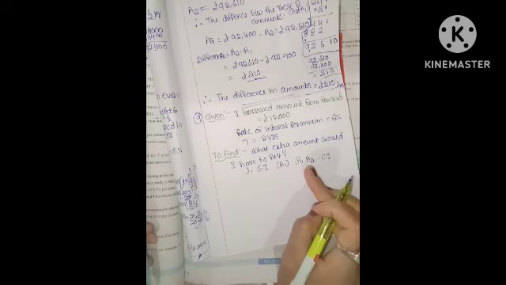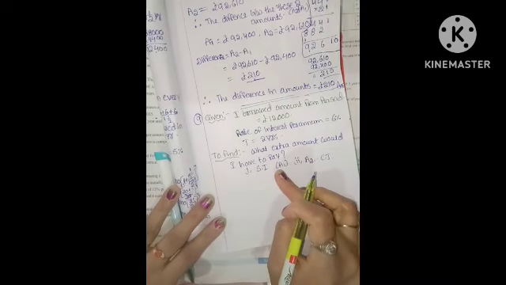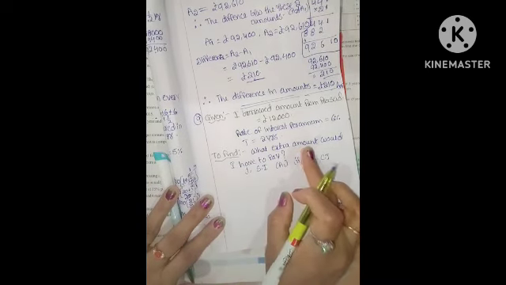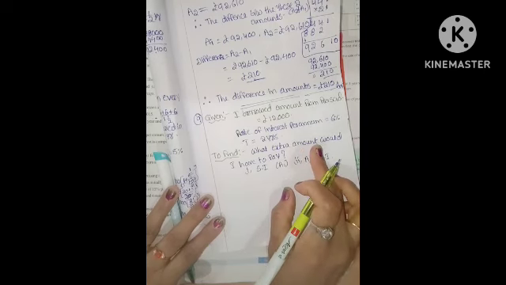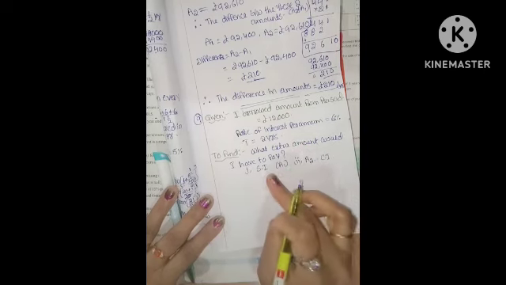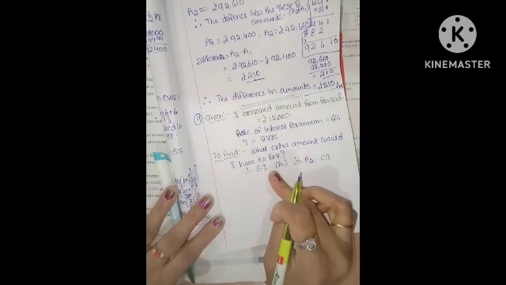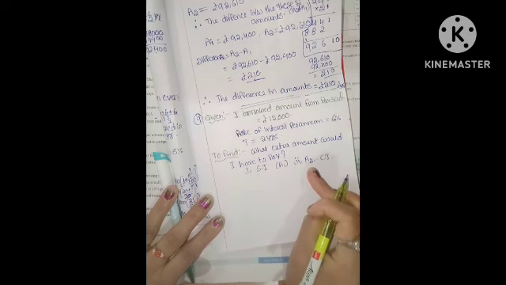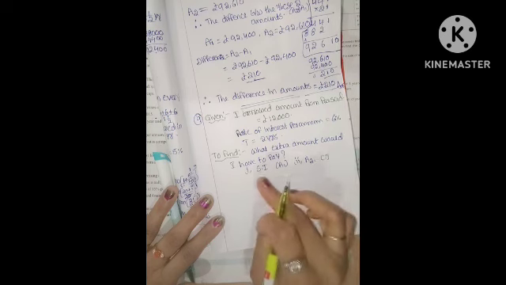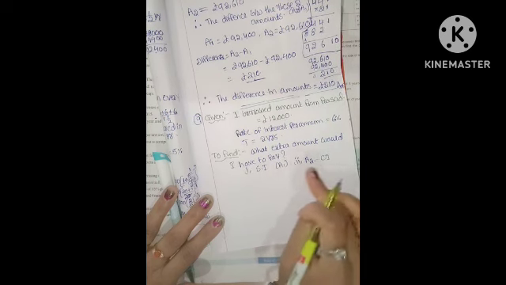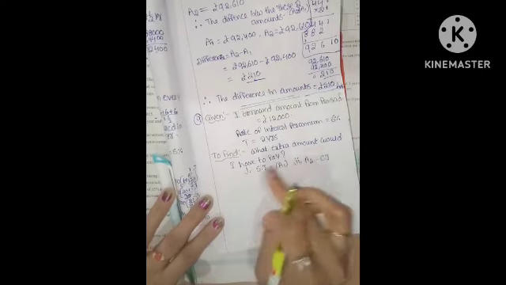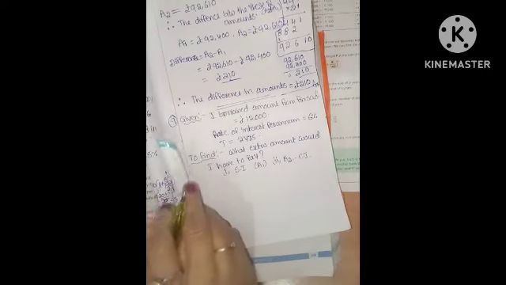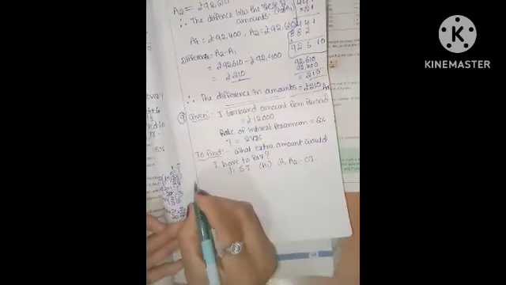Because what is asked in the problem is the extra amount. So first calculate A1, next A2, and finally the difference between these two. That is how much extra amount I would have to pay, and that is the final answer.